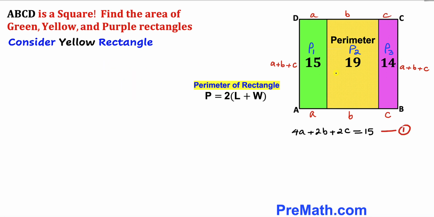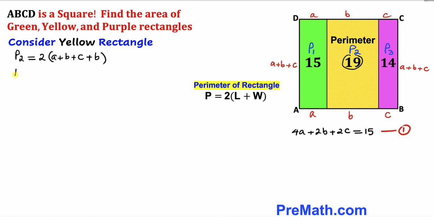And now let's focus on this yellow rectangle. So our perimeter for this yellow rectangle, I'm going to call P2, equals 2 times (our length is once again A plus B plus C, plus our width is B). We know our P2, the perimeter, is 19.